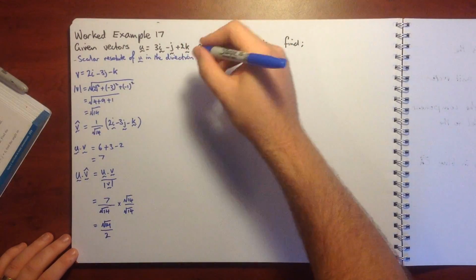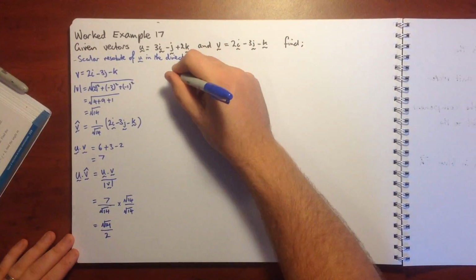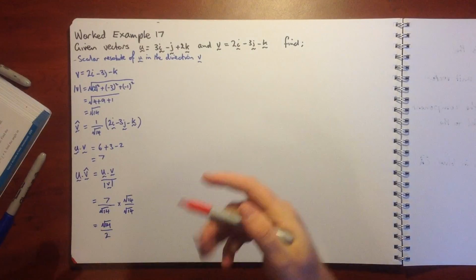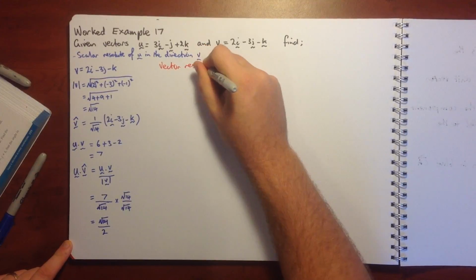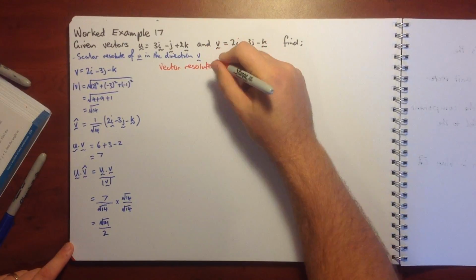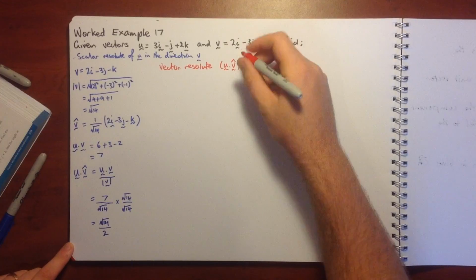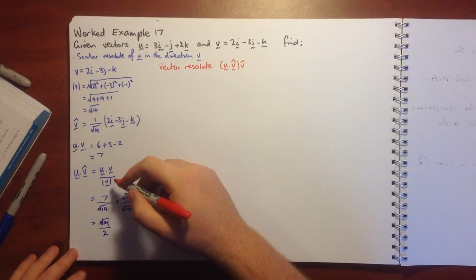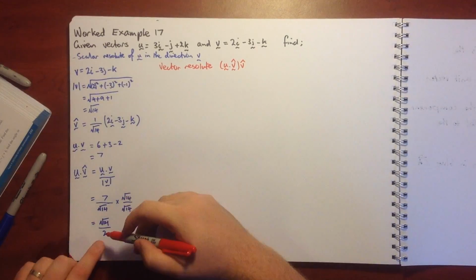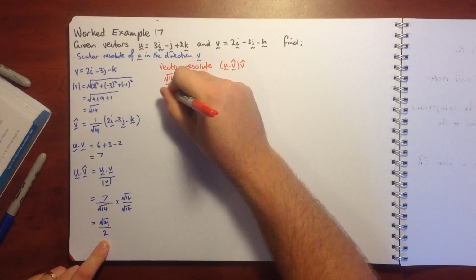Part B, we want the vector resolute of u in direction v. So a vector resolute, remember we find that by u dot v hat times v hat. We know that our u dot v hat is what we just found, so that's root 14 on 2.